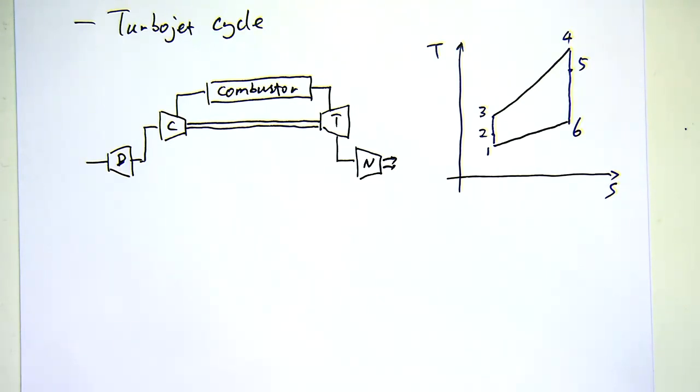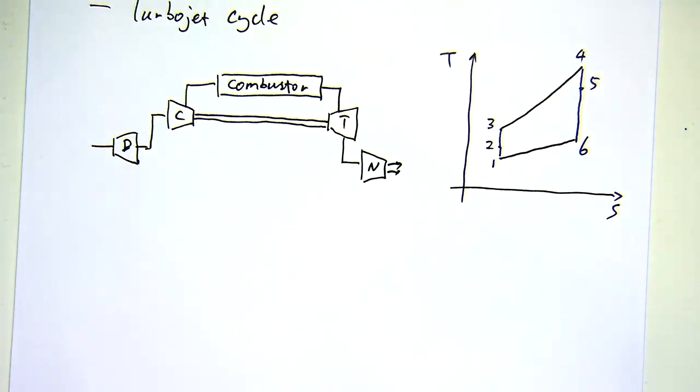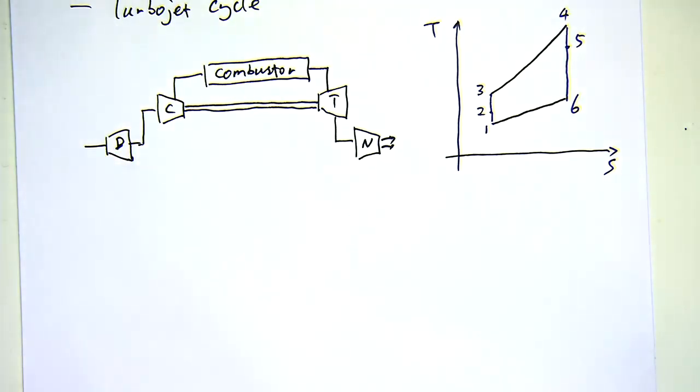So, as said, the turbojet cycle is very similar to a Brayton cycle. It's all one type of gas turbine cycles. Here, there are two differences that you want to notice. One is we have two new components, the diffuser and the nozzle, and there we need to pay attention to the change in the kinetic energy across these two components.